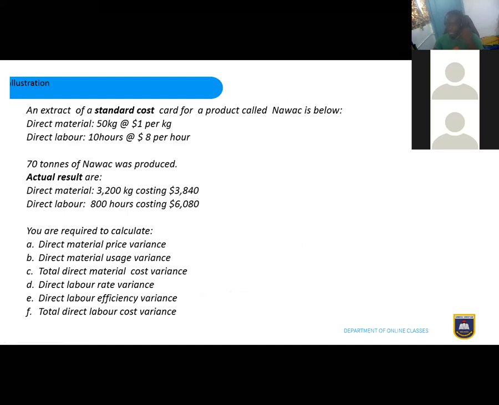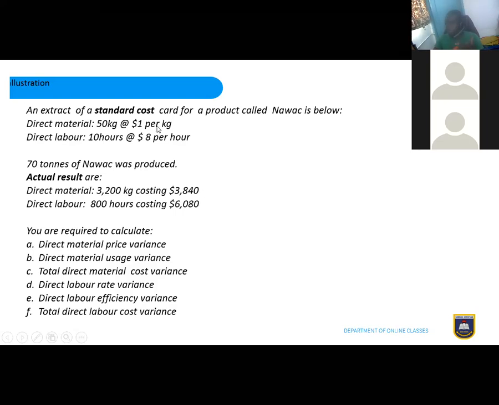You could realize that 3,840 is not the unit price, that's the total price. Meaning that when they multiply 3,200 by a figure, they had 3,840. But that is not what we are looking at.